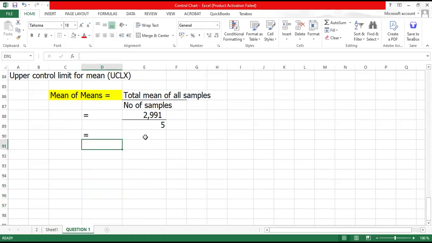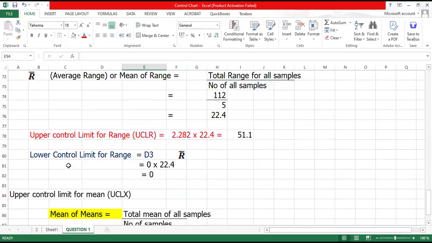So what do you get? You get 598.2. Colleagues, are you following? That is the mean of means.